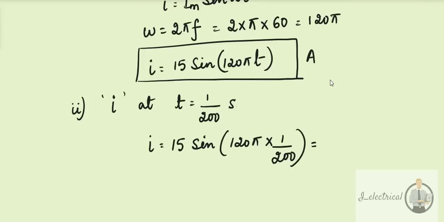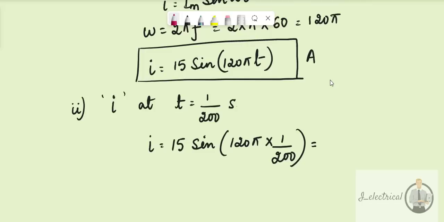Whenever you are finding out the instantaneous value of the current or voltage at any given time, if you are using pi inside the sinusoidal function, then you have to keep your calculator in radian mode.